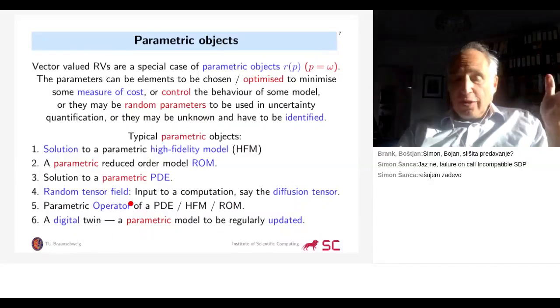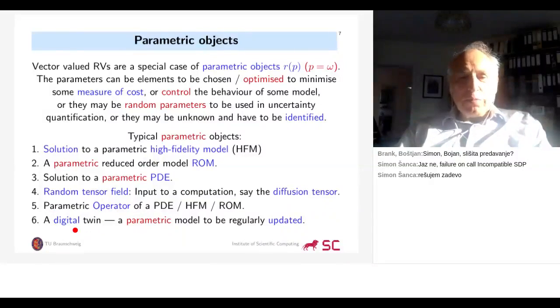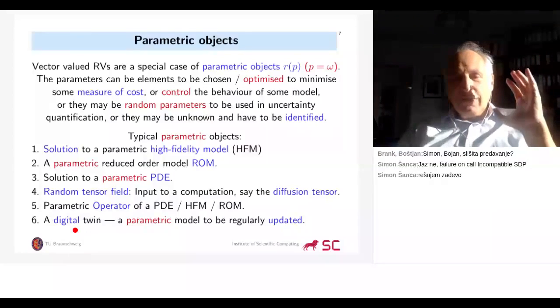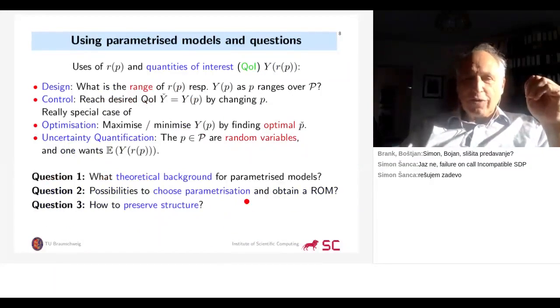It could actually be an operator. Or it can be something which is today called a digital twin. That is, if you have some important part of infrastructure, let's say a dam, you have a mathematical model which tracks it, and which collects all the information, maybe automatically, from the sensors and updates it. And this information of what's being updated are parameters, so they are really updated. So these are examples of parametric objects.